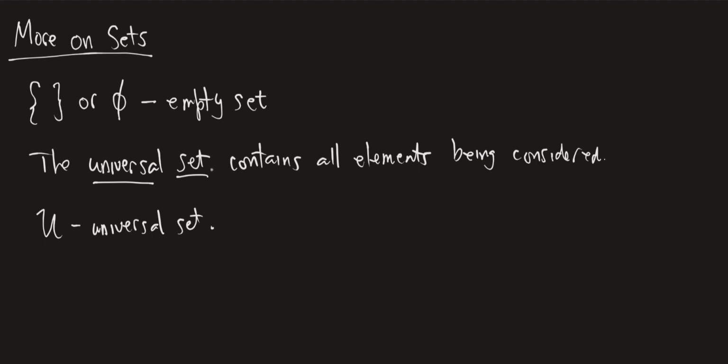Now, the empty set and the universal set allow us to start defining some set operations and some other things, right? So what we're going to do now is essentially list some of the standard set operations, and then talk a little bit more about their properties, so you get more accustomed to those operations.